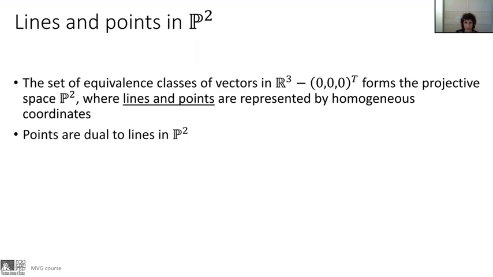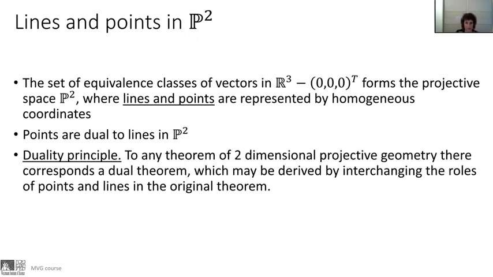Points are dual to lines in the projective space, and there is something called the duality principle. It means that to any theorem for the two-dimensional projective space, there is a corresponding dual theorem, which can be derived by interchanging the role of points and lines.